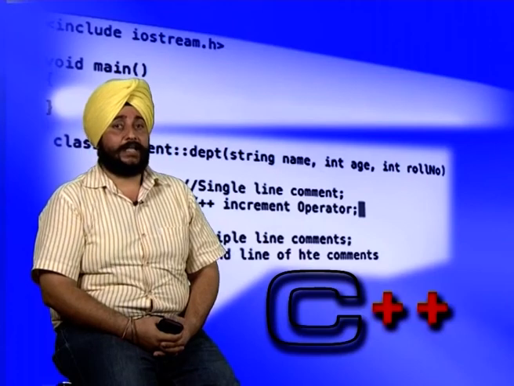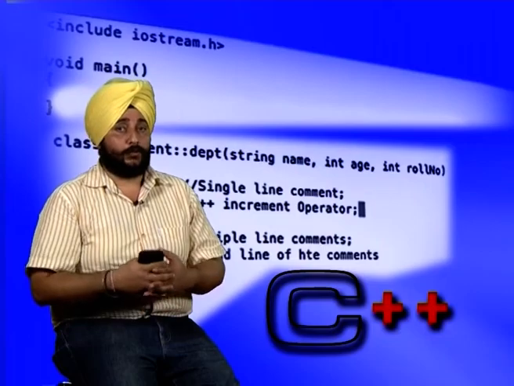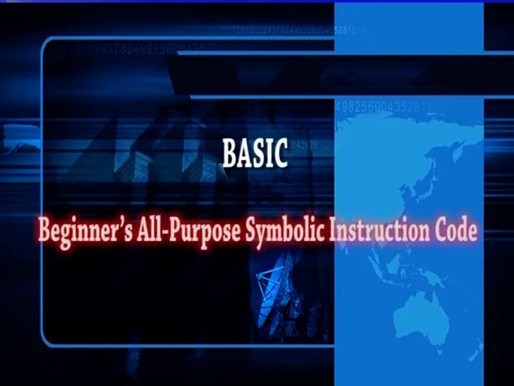Examples of high-level languages used to create procedure-oriented programs include COBOL, that is, Common Business Oriented Language, BASIC, Beginner's All-Purpose Symbolic Instruction Code, and C language.